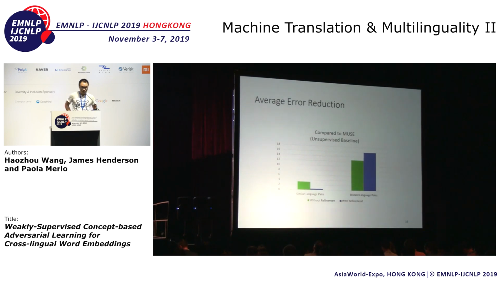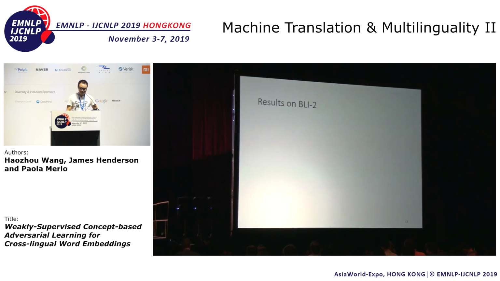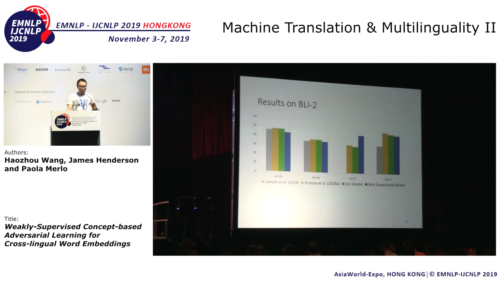Here is a graph of average error reduction, comparing our method and our supervised baselines. For the results on the second data set of bilingual lexicon induction, unfortunately, we don't have the best performance. But except for the model of Artetxe, our model performs the best and works better than previous supervised and unsupervised systems.